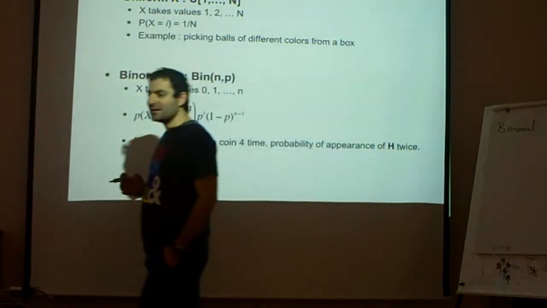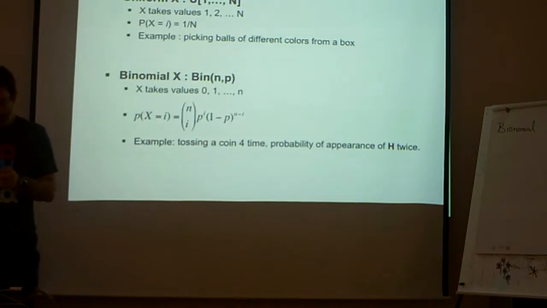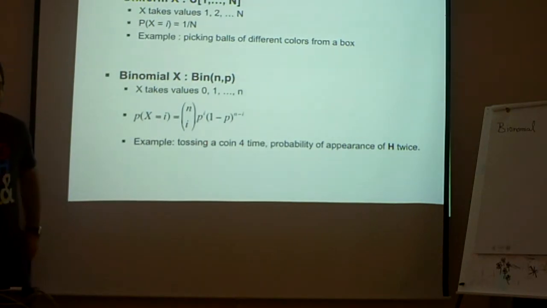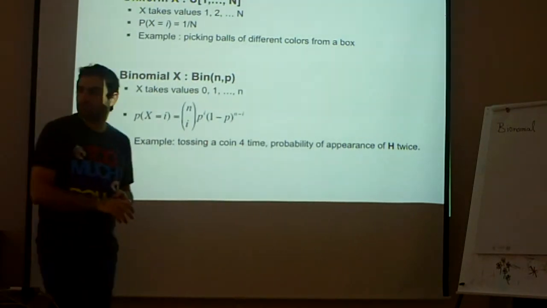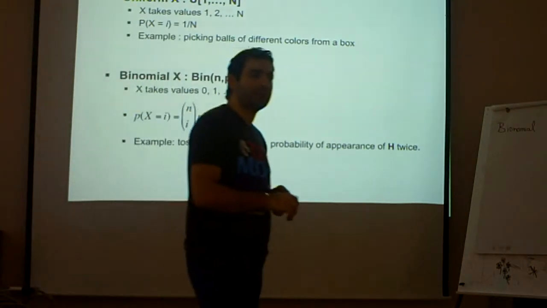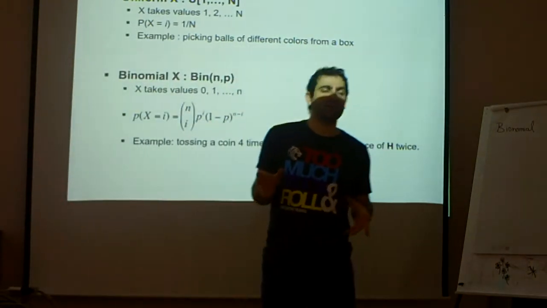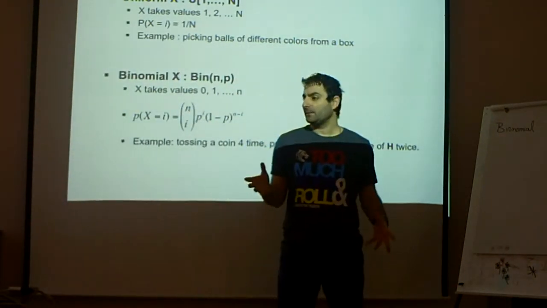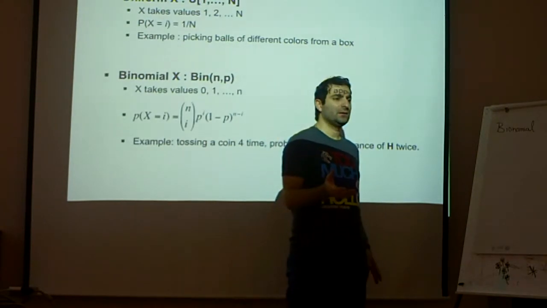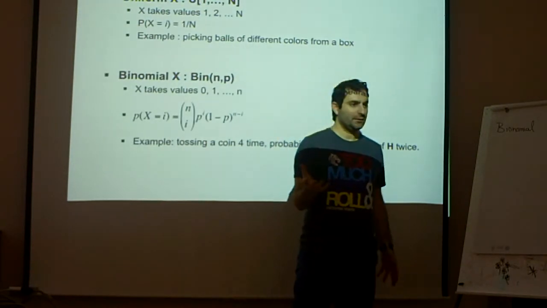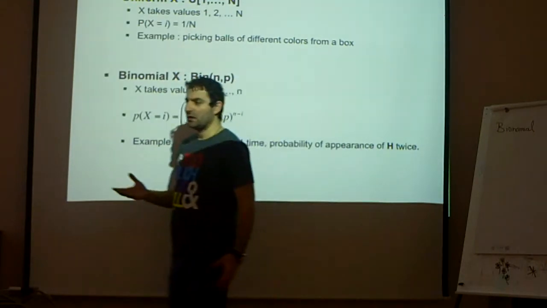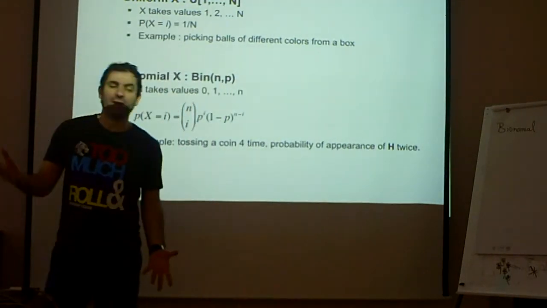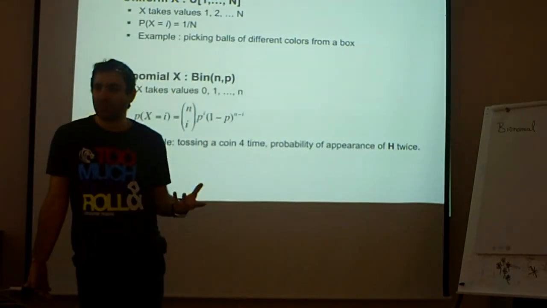What does the term binomial mean? Do you know the term binary? What is binary? 0, 1, base of 2. So, what is binomial? What do you think binomial is?